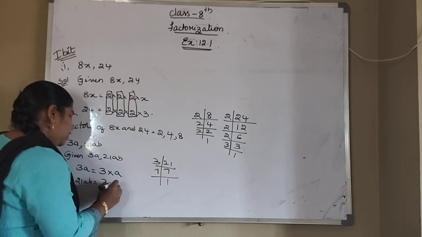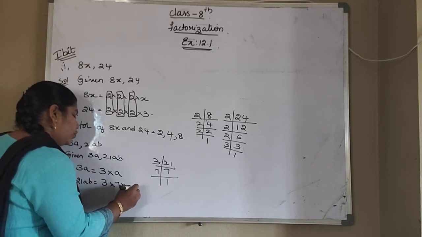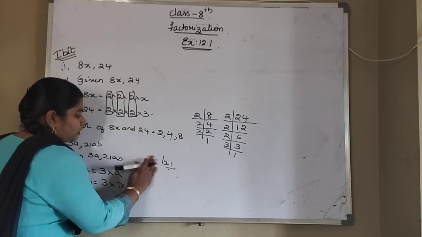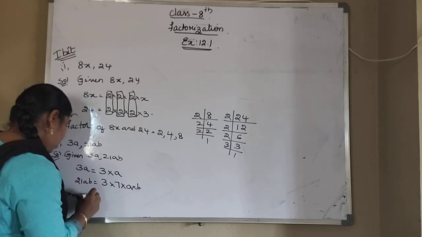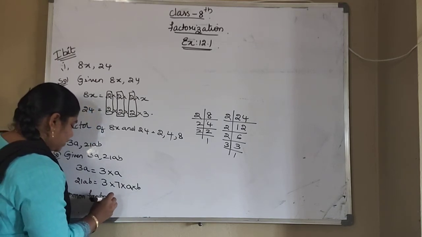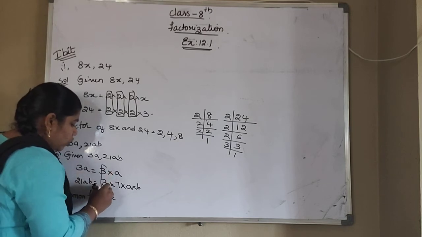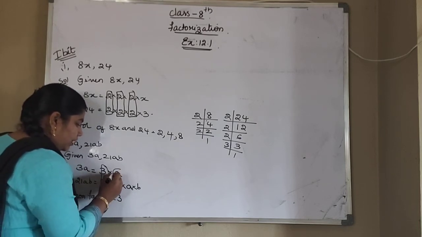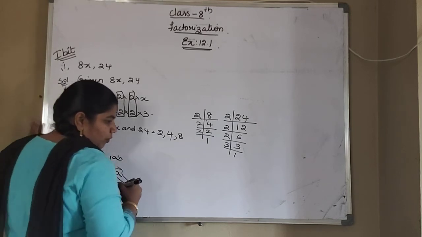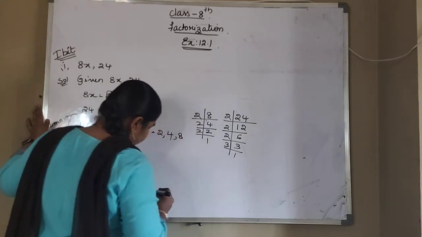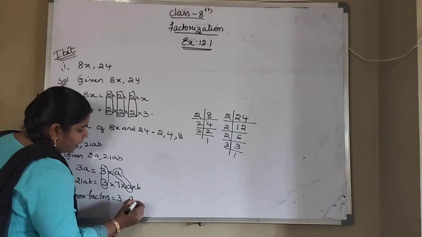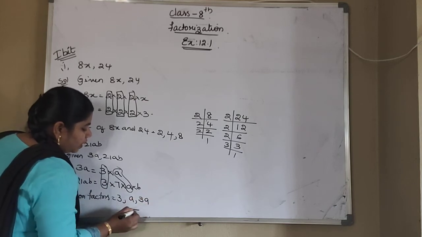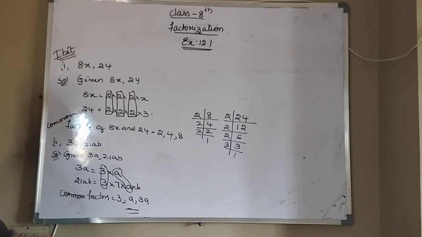So it will be 3 into 7 into a into b. What are the common factors here? 3 is a common factor and a is a common factor, and if you multiply 3 and a, 3a is also a common factor. So this is our second one.